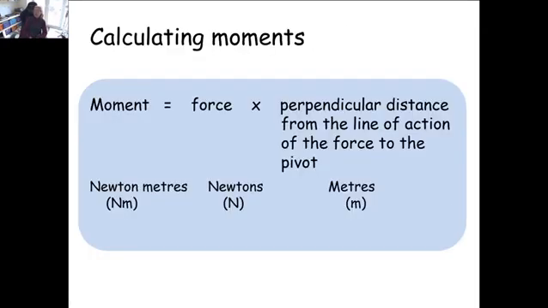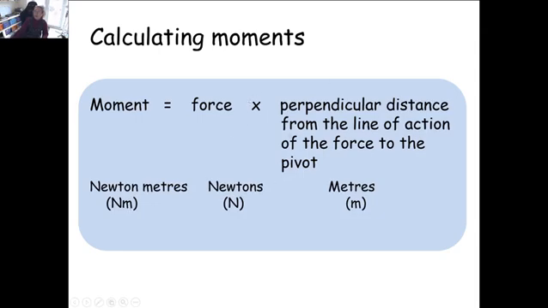In order to work out the moment of a force, you need to multiply the force by the perpendicular distance from the line of action of the force to the pivot. Force is measured in newtons, distance is measured in meters, and your units of moment are the newton meter, newtons and meters multiplied together.